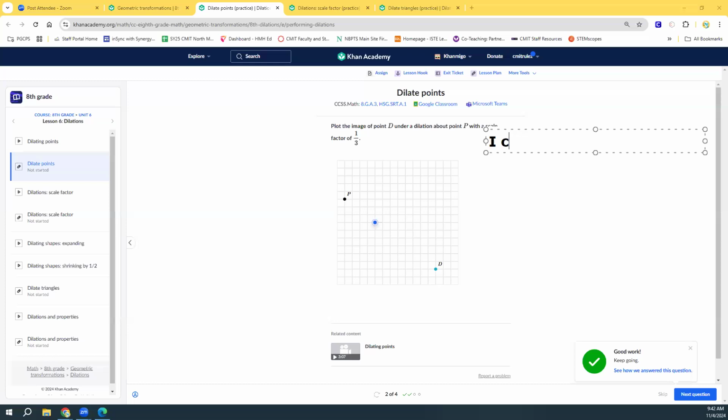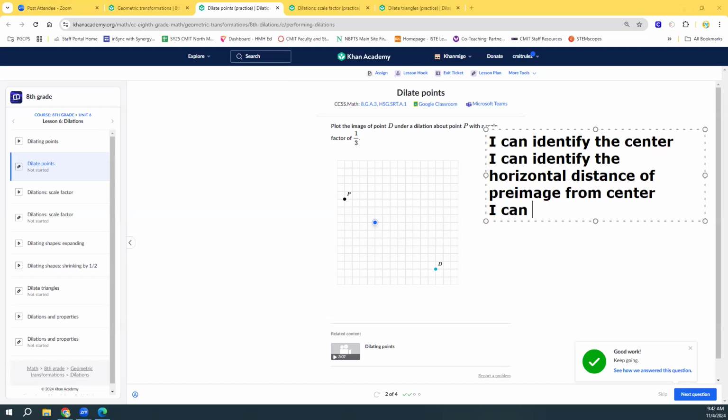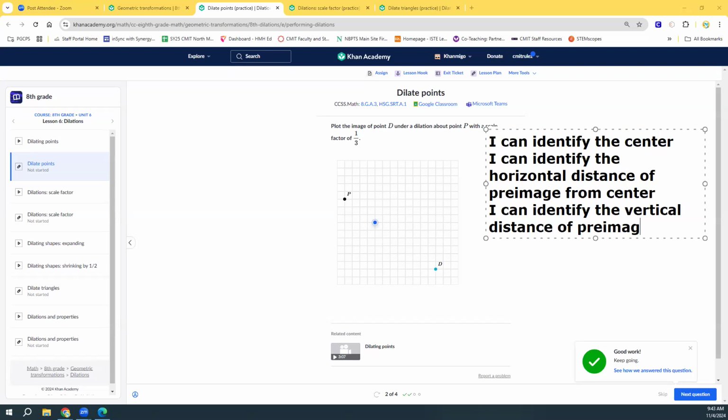I can identify the center. I can identify the horizontal distance of pre-image from center. I can identify the vertical distance of pre-image from center.